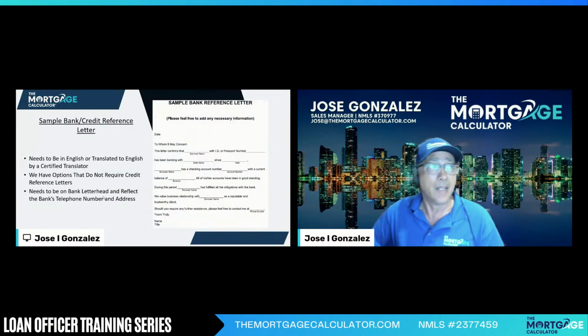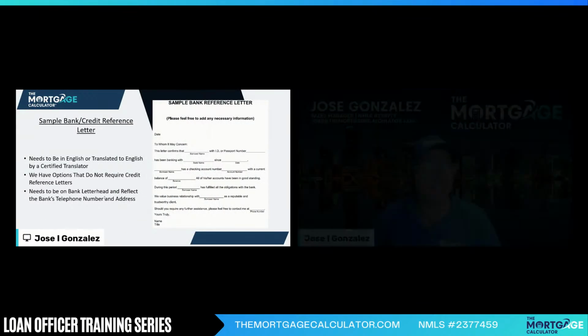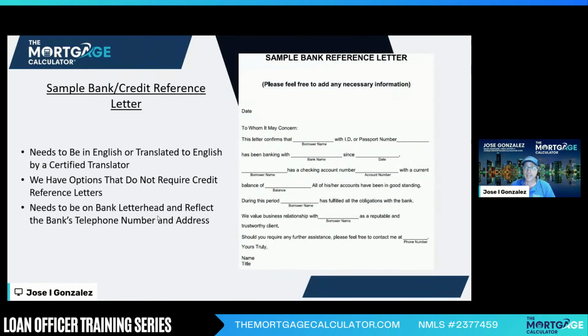So now let me show you some sample documents, right? We like to make it as easy as possible. Here we have our sample bank and credit reference letters that show you the typical information that would be needed. Now, obviously, this would have to be put on letterhead. This is just a sample of the type of information we would need.